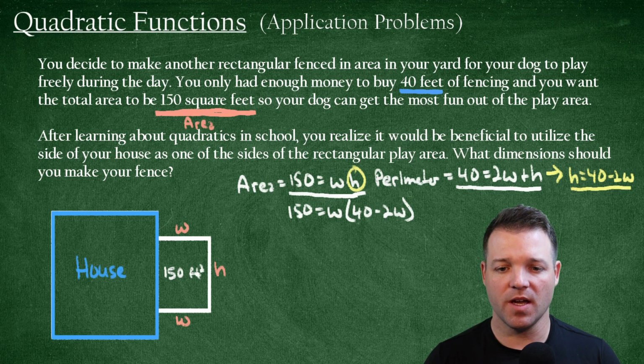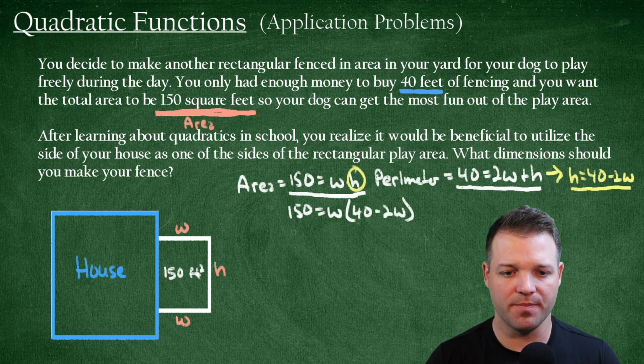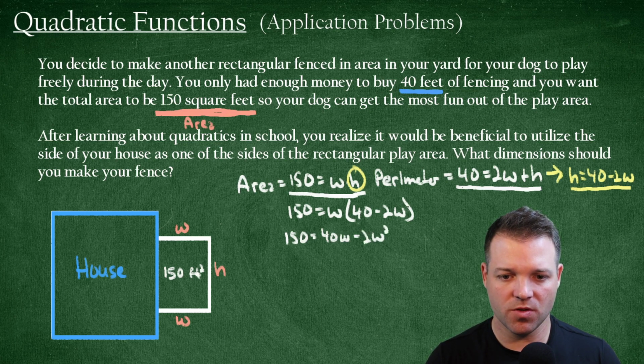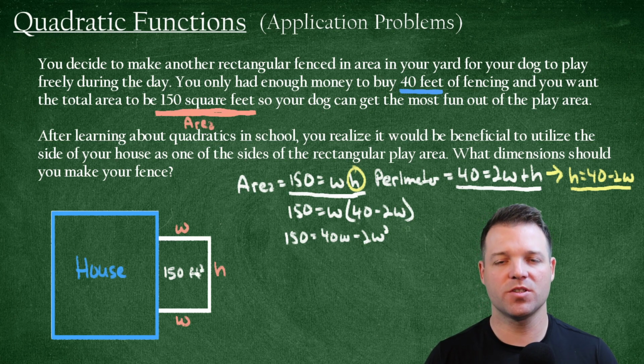And now you can see I am going to end up with a quadratic because I'm going to distribute this W in, and we'll end up with a W squared. So I'm going to leave my 150 over here is equal to 40W minus 2W squared. All right, so we have a quadratic.